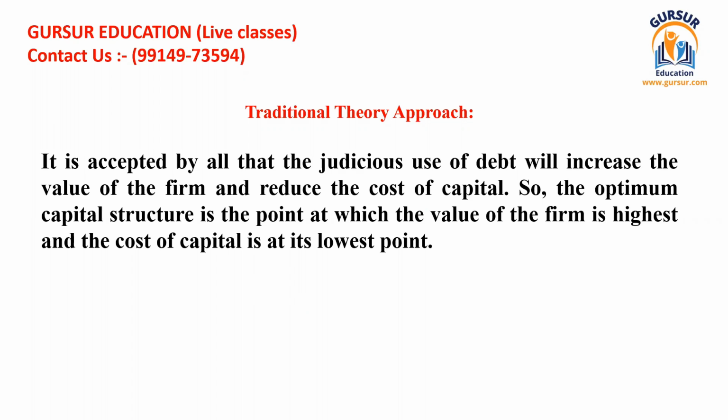So this is the third theory, or the third approach, and this is the traditional approach. We can simply say that this is the hybrid of both the previously learned approaches, the net income approach and the net operating income approach.